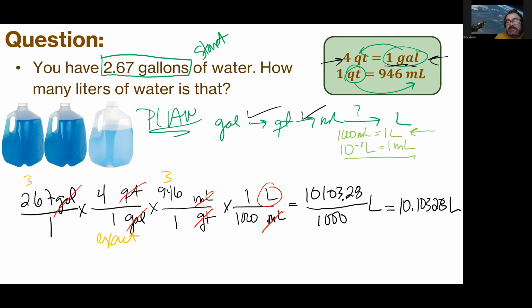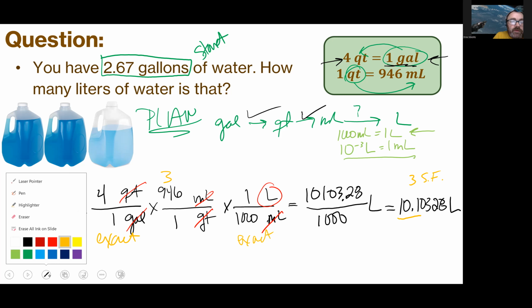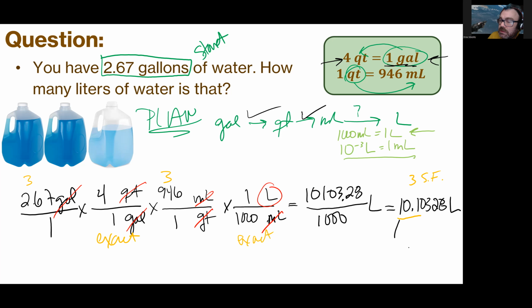This is 3 significant figures because they're not the same unit system. This is a metric prefix, so this is exact. This is 3 significant figures, and so is this. So our answer should have 3 significant figures, which means 10.1. We're going to round this to 10.1, and that's our answer, 10.1 liters. Mark it as your answer.